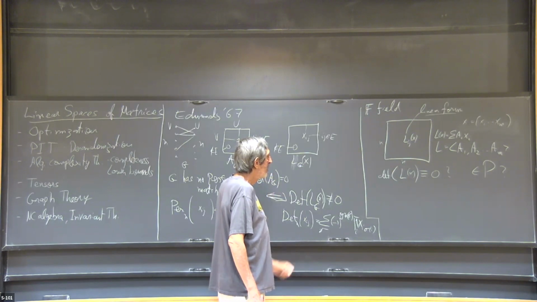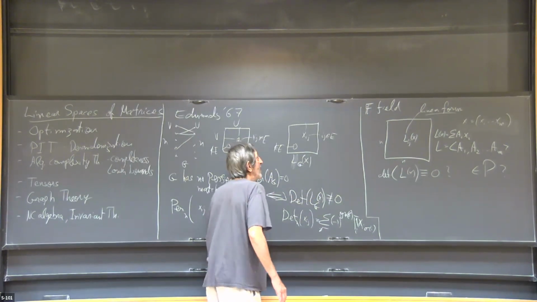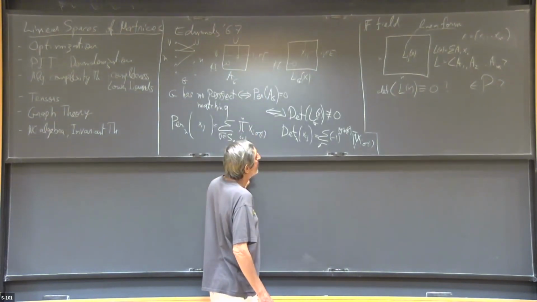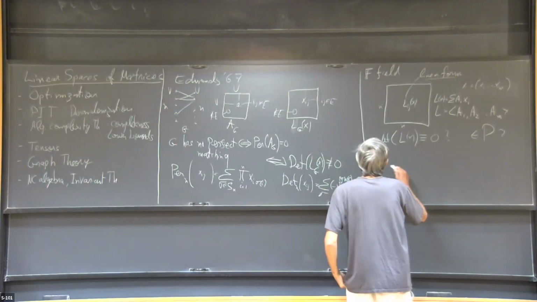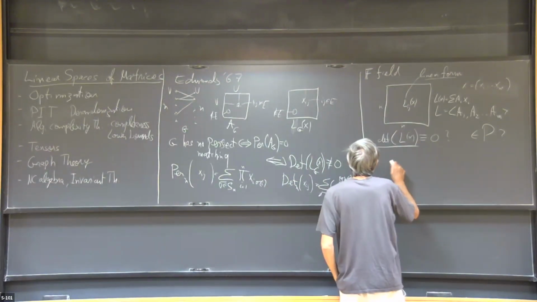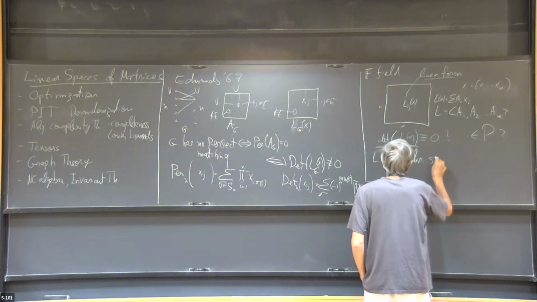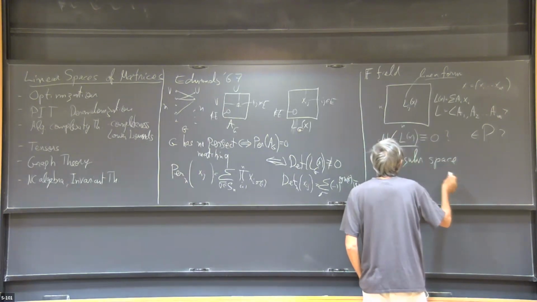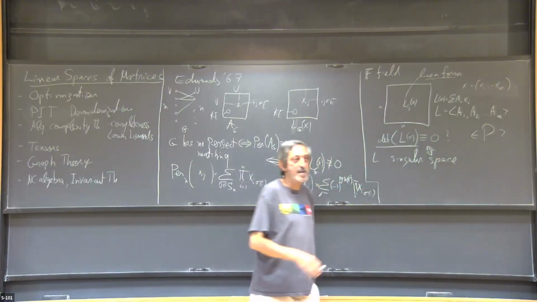Okay, good. So this is a problem we are interested in, and now I want to tell you some of the places where it came from and why it is interesting. But we might as well call L a singular space only if this holds, the determinant is identically zero.